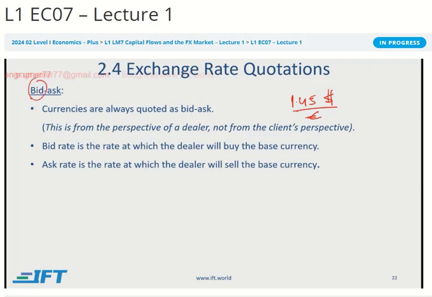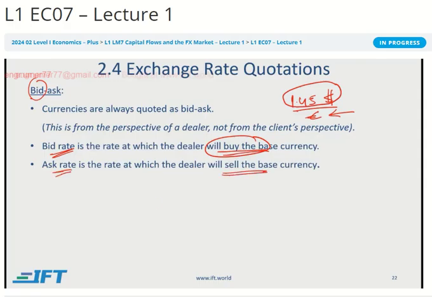So if you're willing to buy something, what you do is you bid for it. So the rate at which they are willing to buy, and of course we're talking about buying or selling the base currency, and the price is quoted in the price currency, is the bid rate, and the rate at which they are willing to sell is the ask rate.